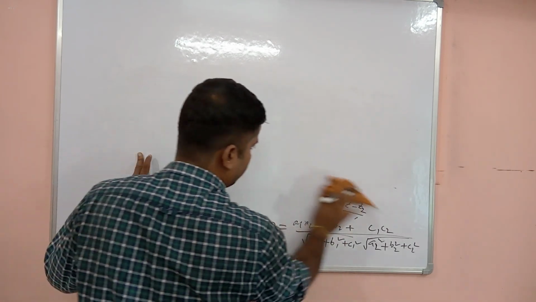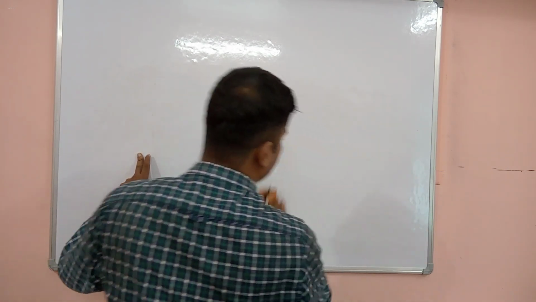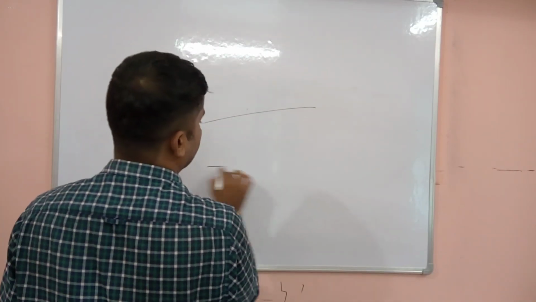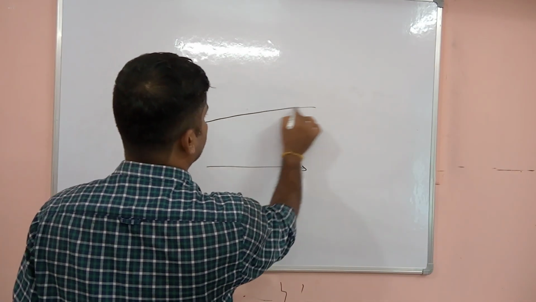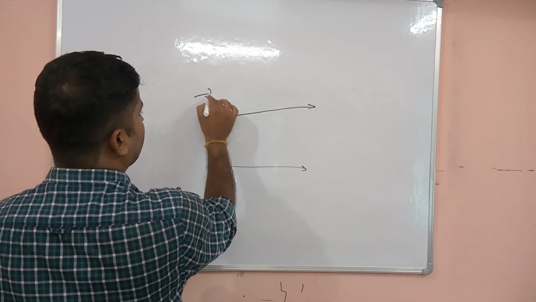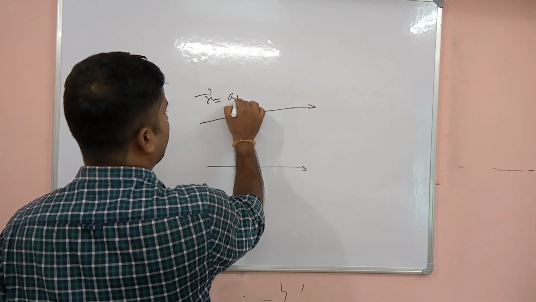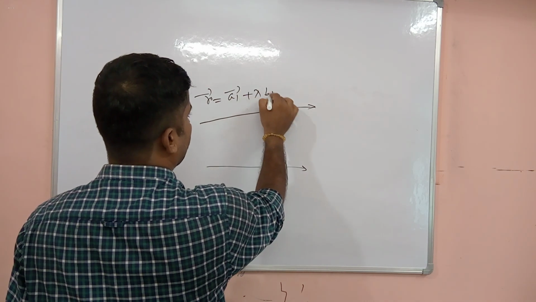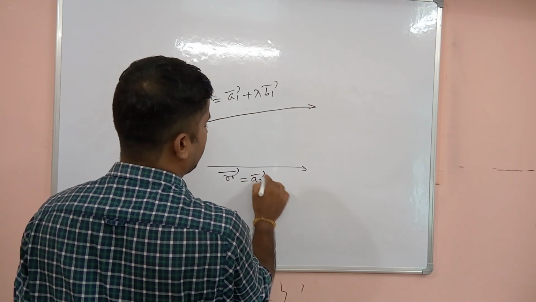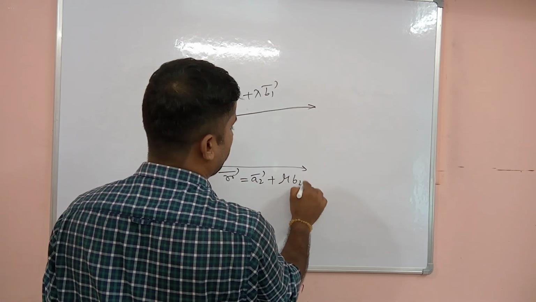Okay, suppose two straight lines, and their equations are r is equal to a1 plus lambda b1 and r is equal to a2 plus mu b2.